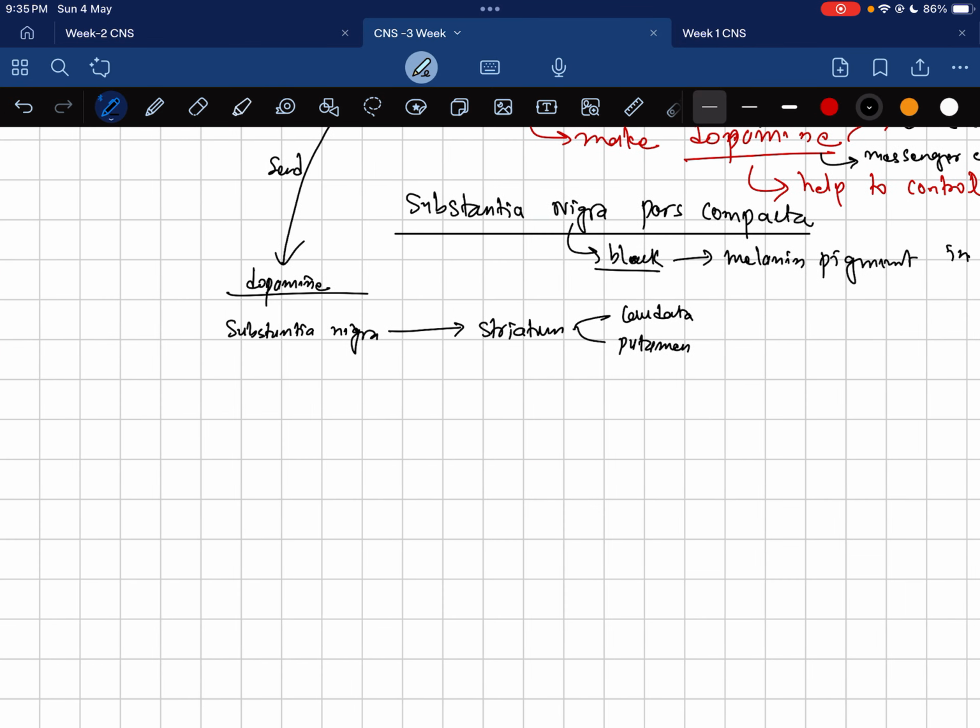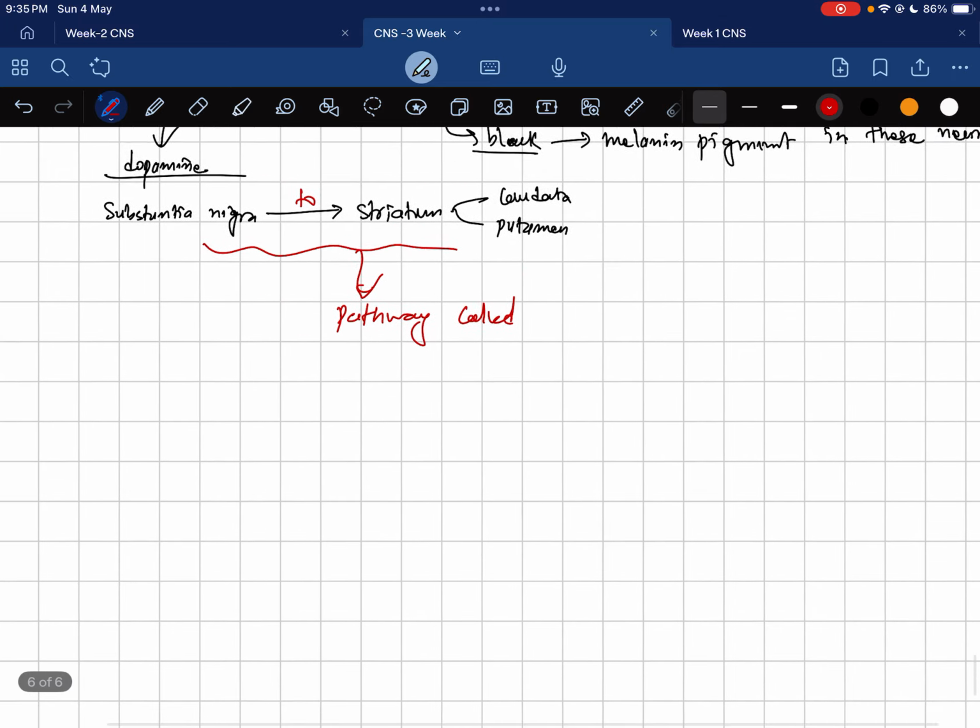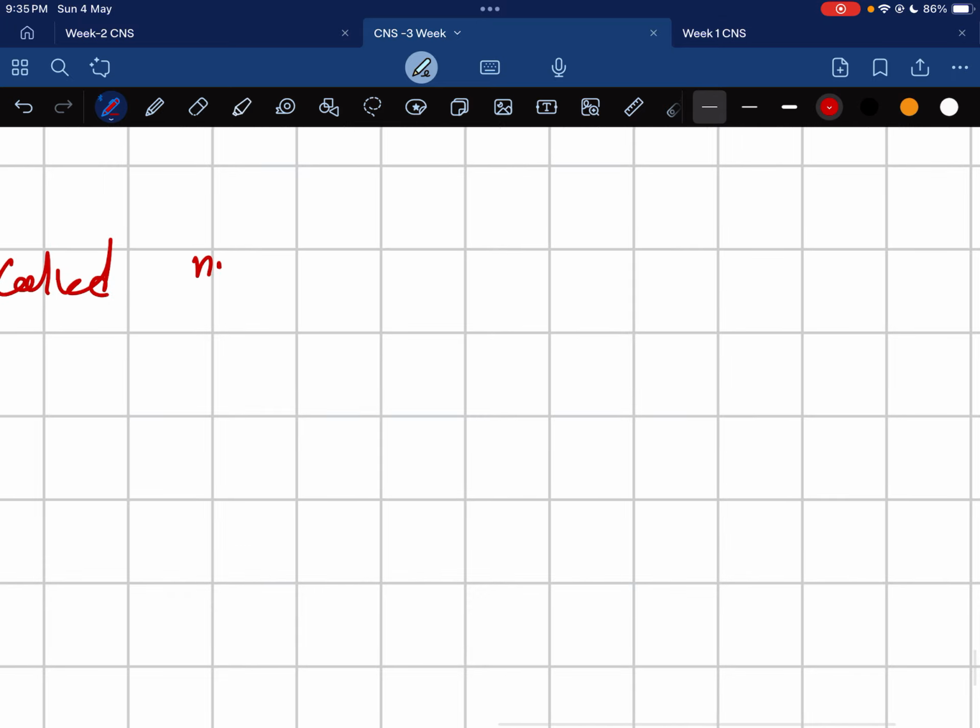This pathway is called the nigrostriatal pathway.